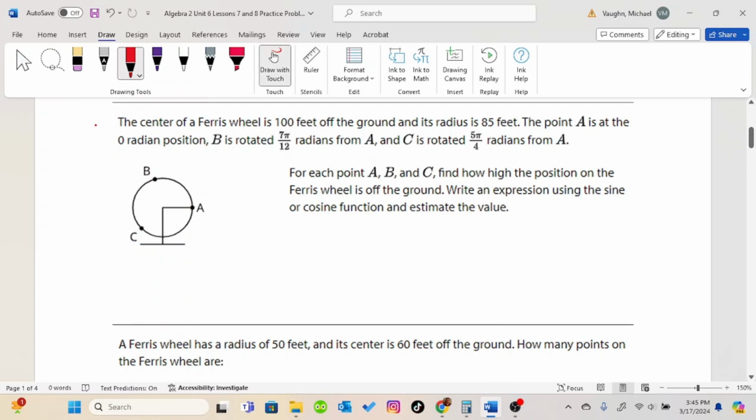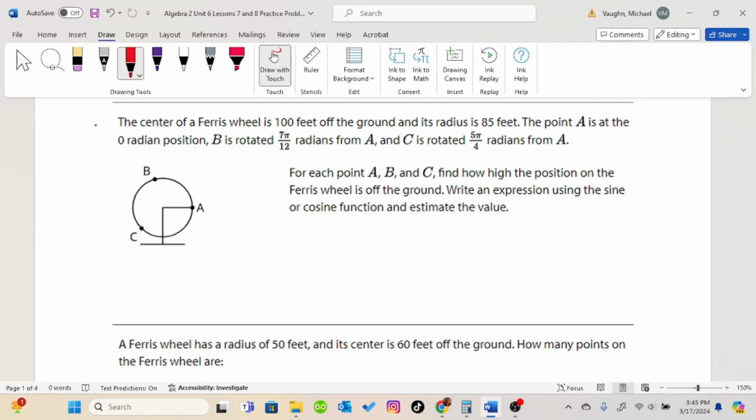The center of a Ferris wheel is 100 feet off the ground, and its radius is 85 feet. The point A is at the 0 radian position.